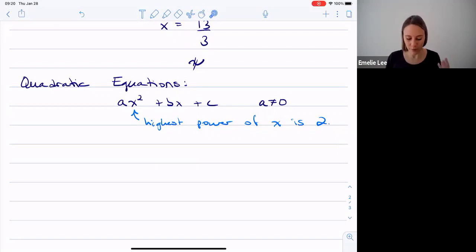So for me, I like to have ways that I can factor that will always work. And if I have a quadratic equation, we do have a way to do that.